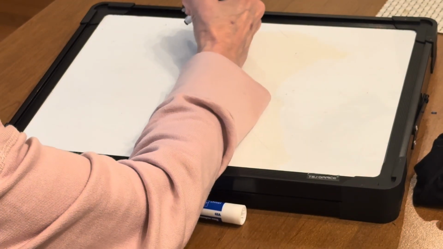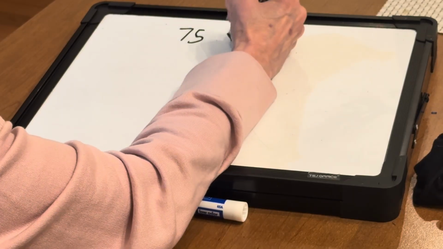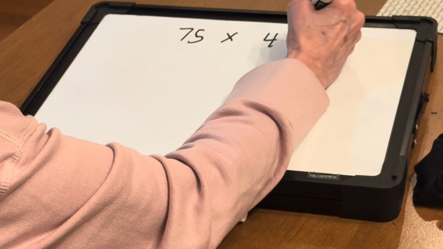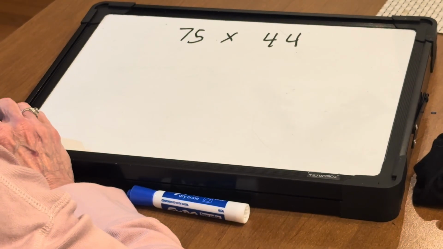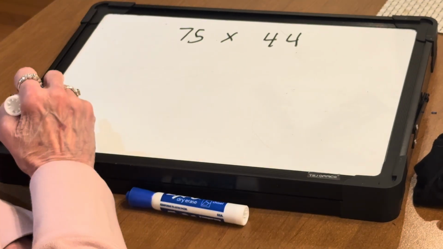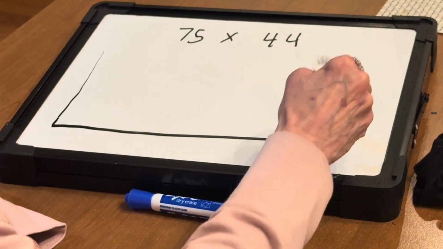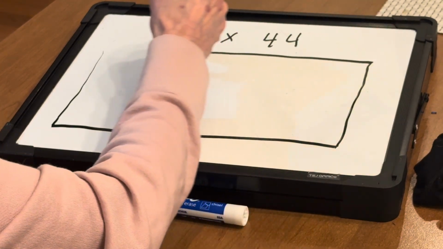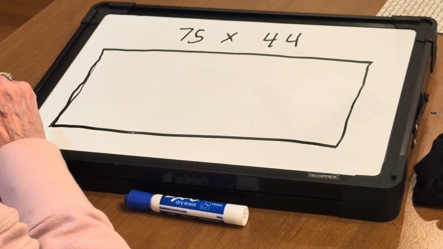All right, let's say we're going to do 75 times 44. Okay, everybody try. Draw. What are you going to do first? Good, you're going to draw a rectangle. Great. And what are we going to do next?